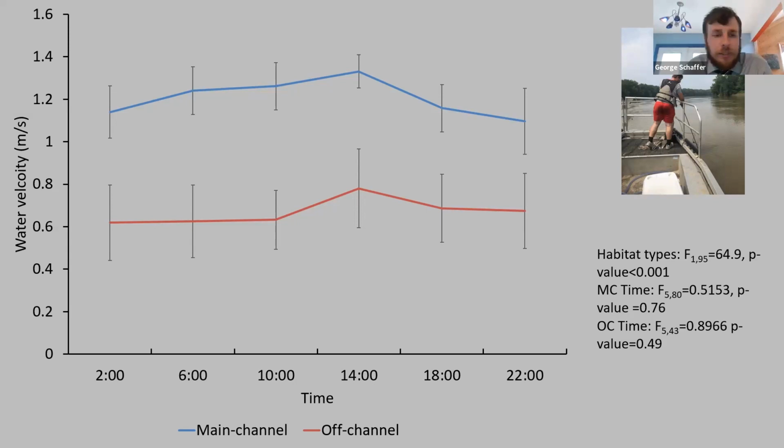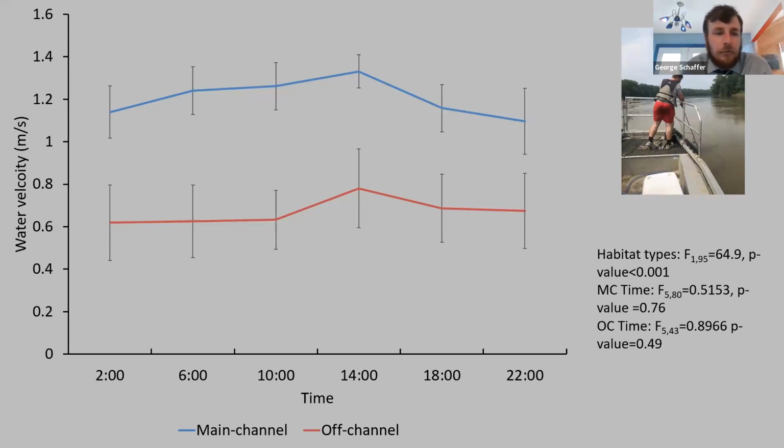The main channel water velocity is represented by the blue line, which is the average for each time, and the off-channel is represented by the red line, with the error bars being standard error. What we saw through our model is that there was a habitat type effect, so the main channel had a higher water velocity than the off-channel, and we did not see a time effect.